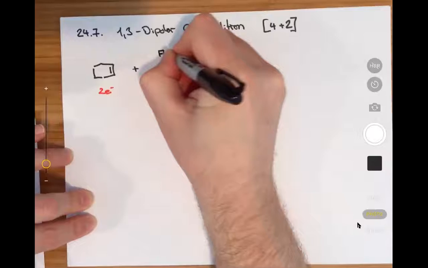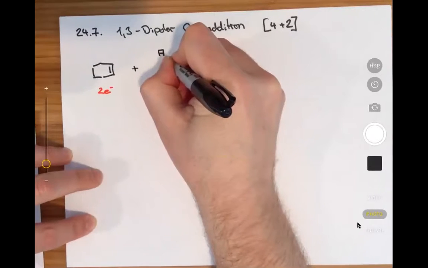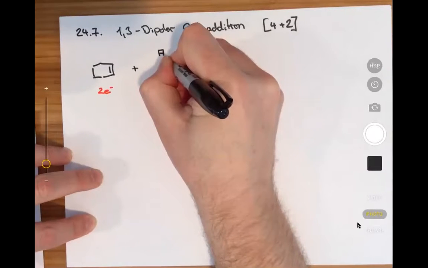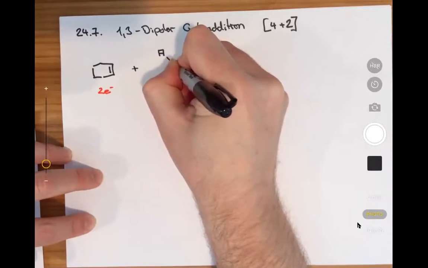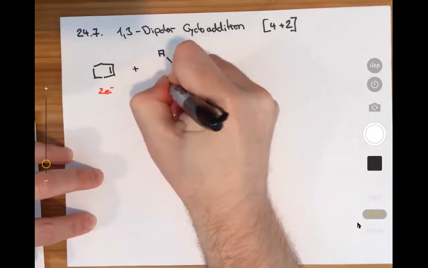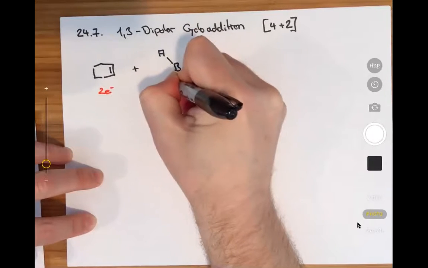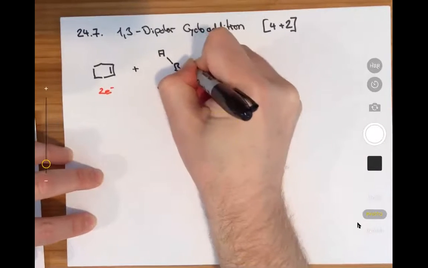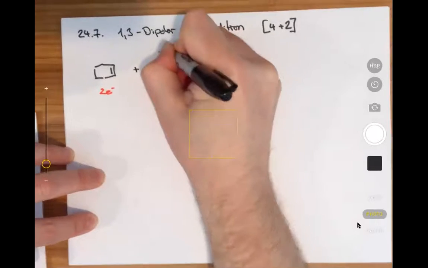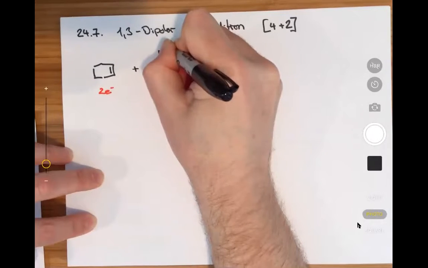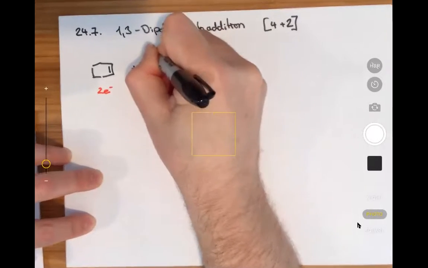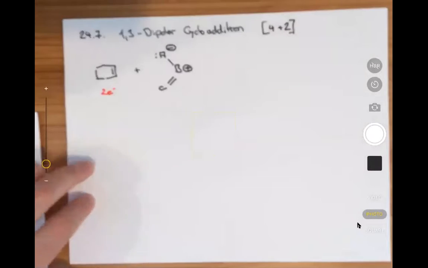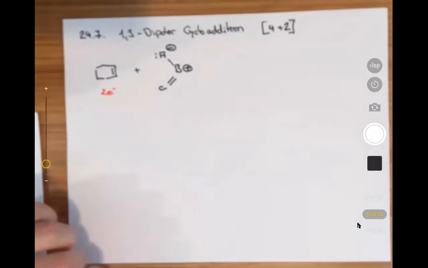I'm not going to even use specific atoms. I'm just going to use positions and call them A, B, and C. So let's say A, B, and C, and let's draw it like this, and we give this a positive charge, and we're going to give this one here a negative charge. So that's where the 1,3 dipole naming convention comes from.